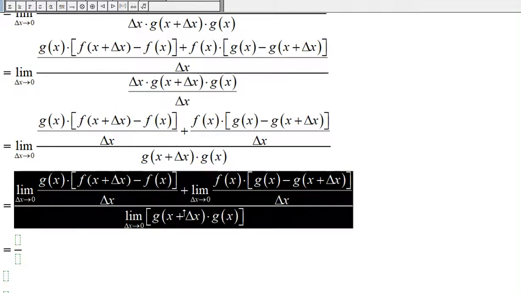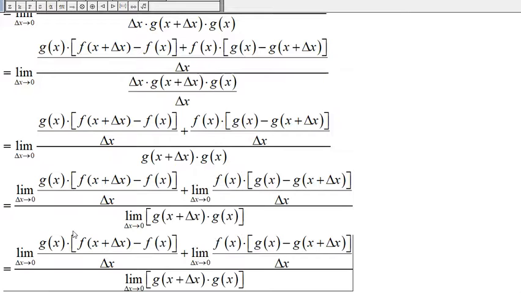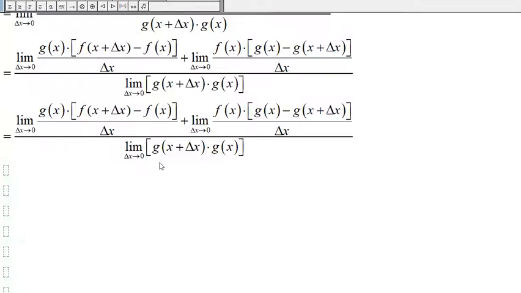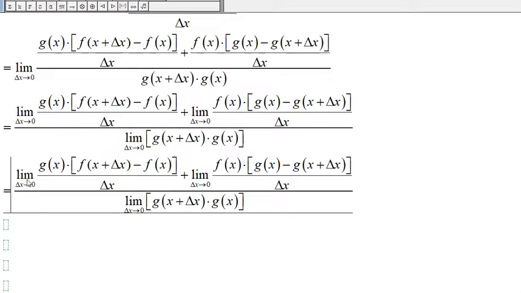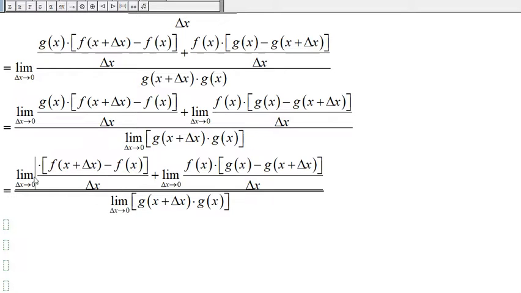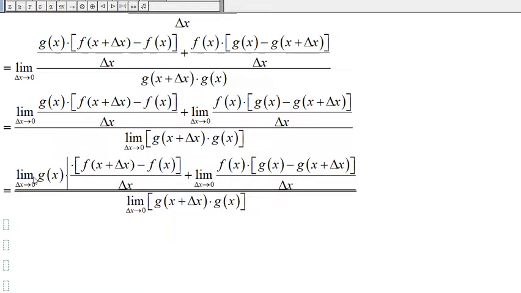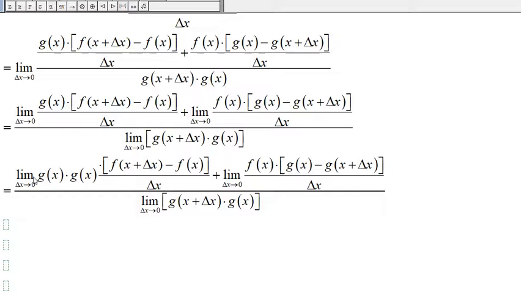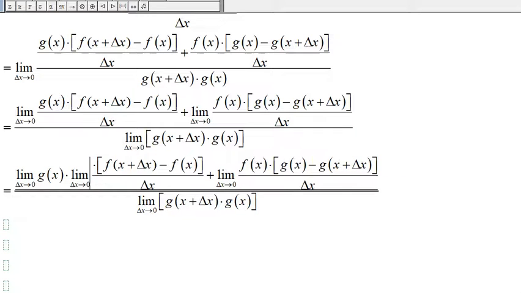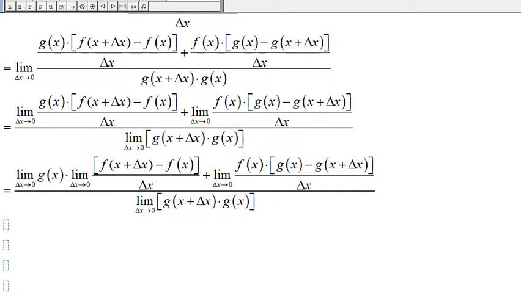And then we can separate them even further. So this becomes, this part right here, this will be the limit of g of x, and then times the limit of that part.